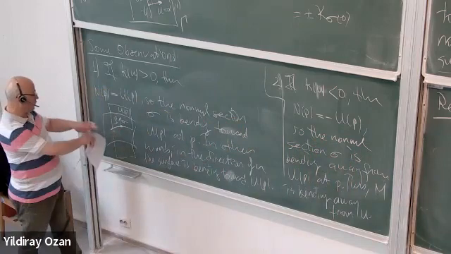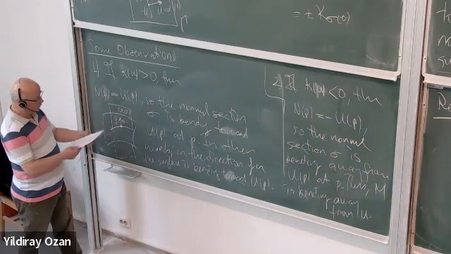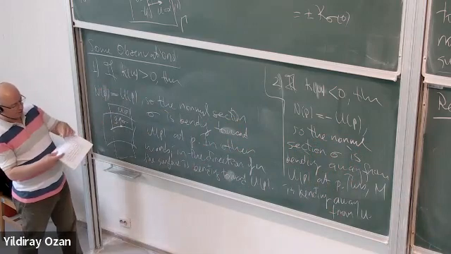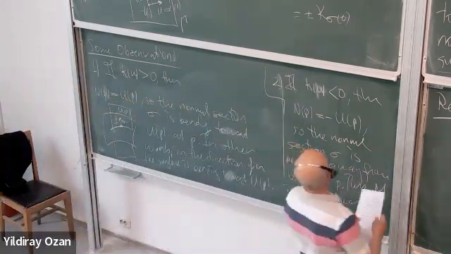In this case, surface is like this, unit normal vector is like this. So your surface is bending away from this normal vector, okay? All right.